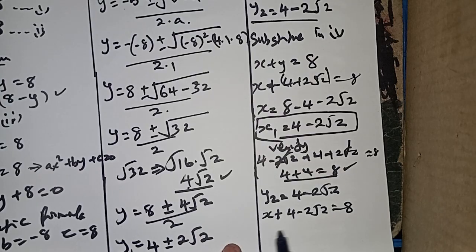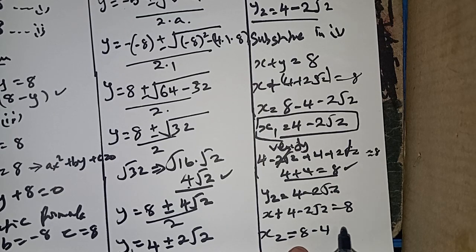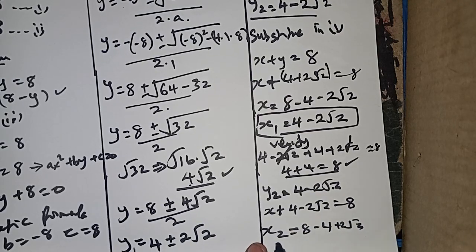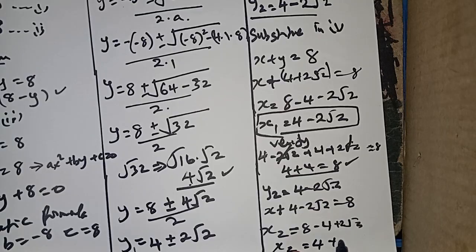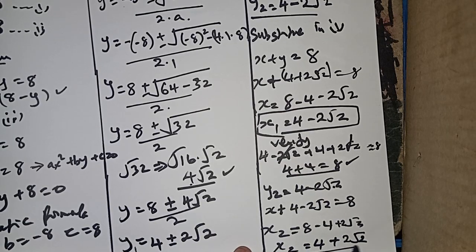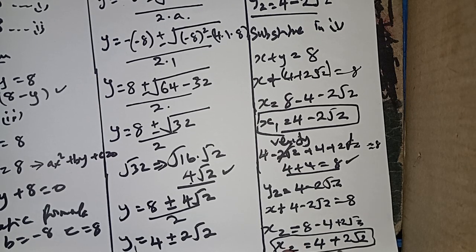And collecting like terms, the second value of x will be 8 minus 4, and then this changes to positive, so that when you subtract, the second value of x becomes 4 plus 2 root 2. So it's true that for the second value of x, we have 4 plus 2 root 2.